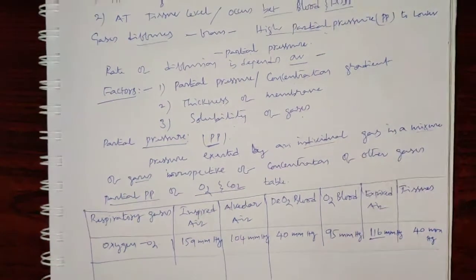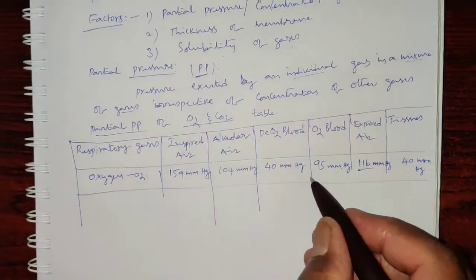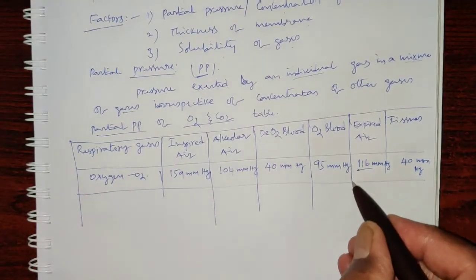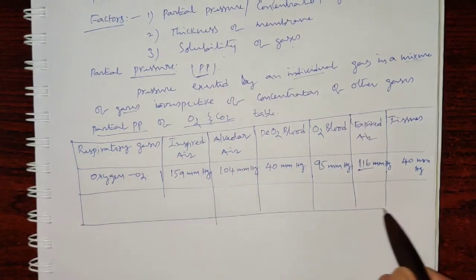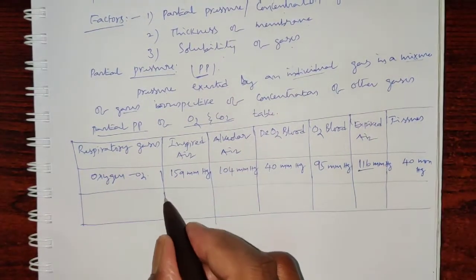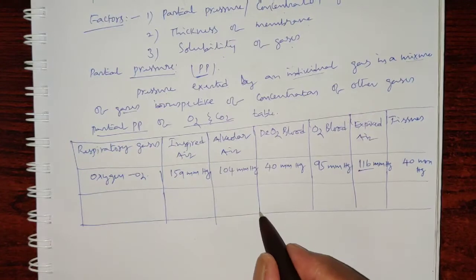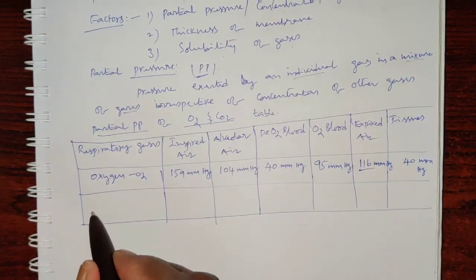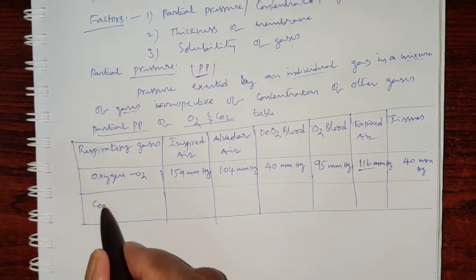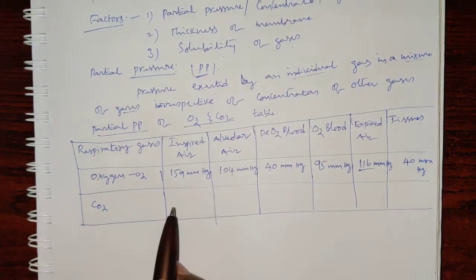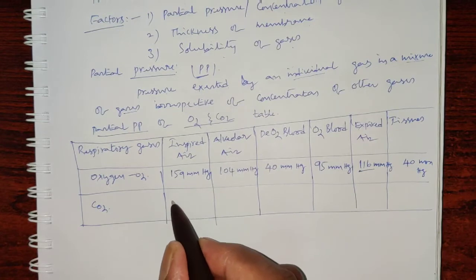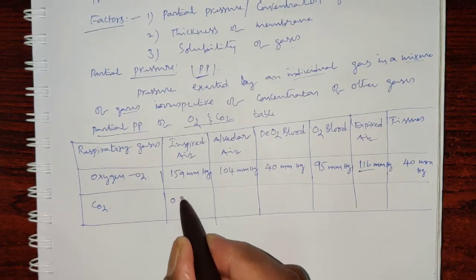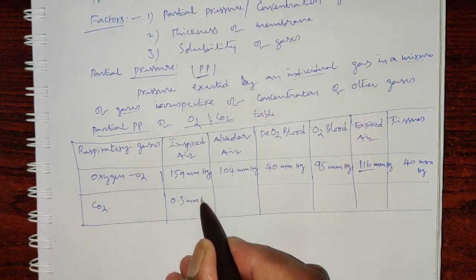Now let's go to carbon dioxide, CO2. So the partial pressure of CO2 in inspired air is 0.3 mm of mercury.